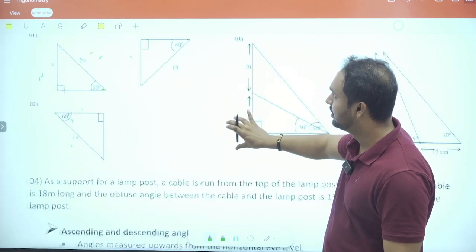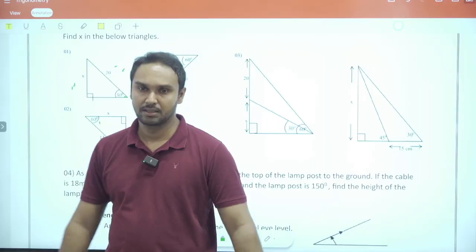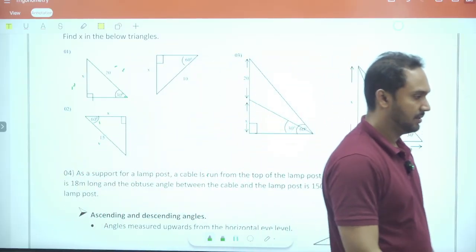Likewise, try to find the x value of 3 of the triangles quickly. Take 2-3 minutes and find it.